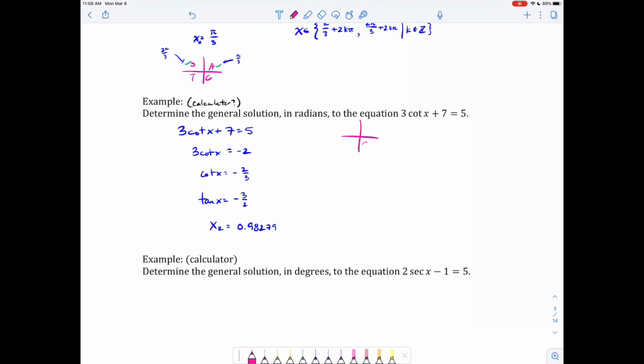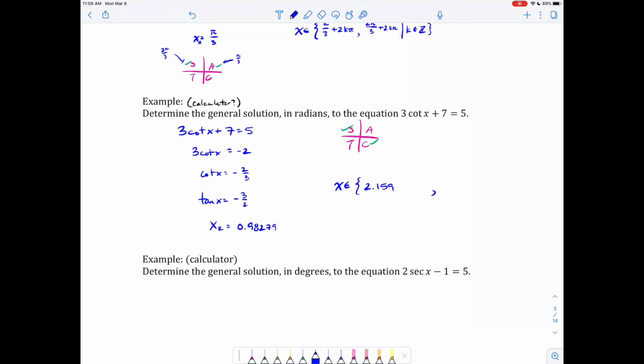Anyways, I am dealing with negative quadrants for tan. So in quadrant 2, pi minus that is 2.159.